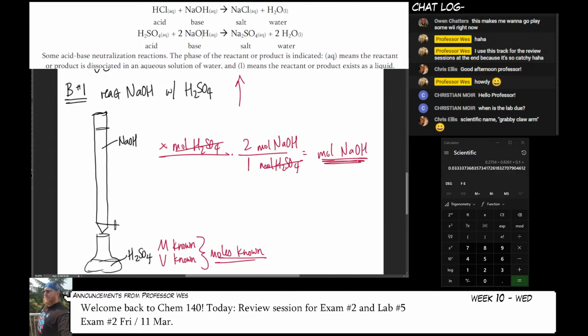So you know these two numbers, so you're going to automatically know how many moles of sodium hydroxide are needed to finish the reaction. And then when we go back over here, if the moles of sodium hydroxide are known, then the molarity and the volume multiplied together must equal that, right?